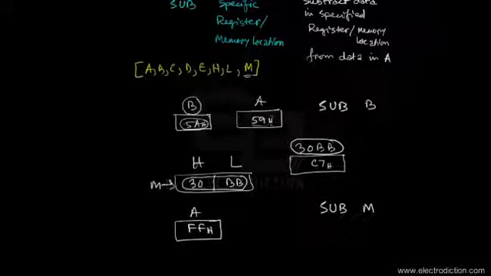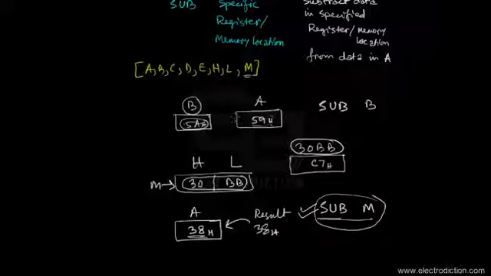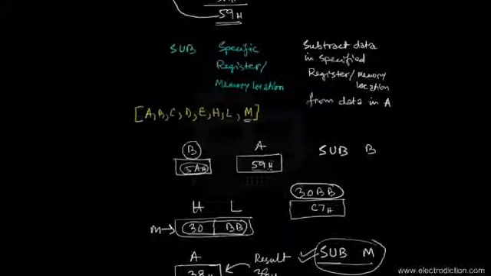After the SUB M instruction gets executed, the accumulator is loaded with a result, a data byte of 38H, which is the result of the SUB M instruction, and that gets stored in the accumulator by default. So this is how you can work with a memory location using the SUB instruction. They are pretty much similar.